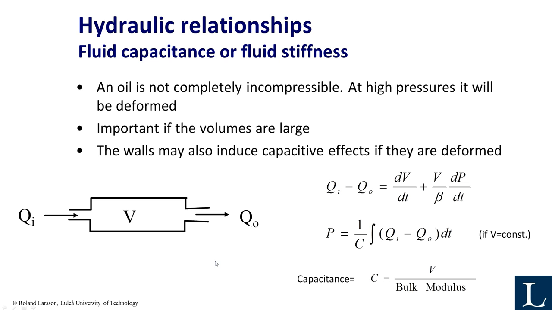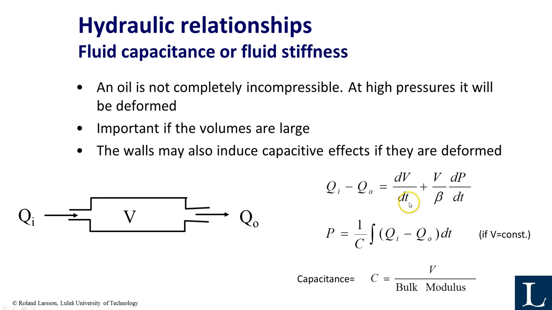Under steady state conditions, QI and QO must be equal, otherwise something would be stored all the time. But during short transient changes you may have some storage in here, and this storage is written like this.